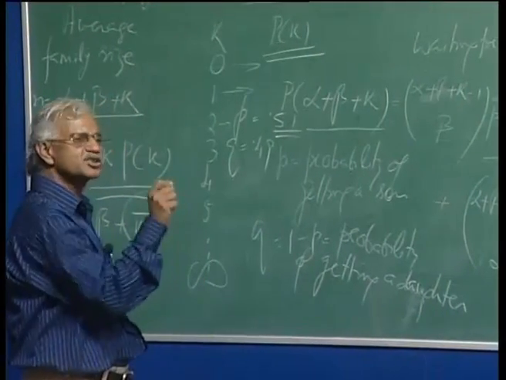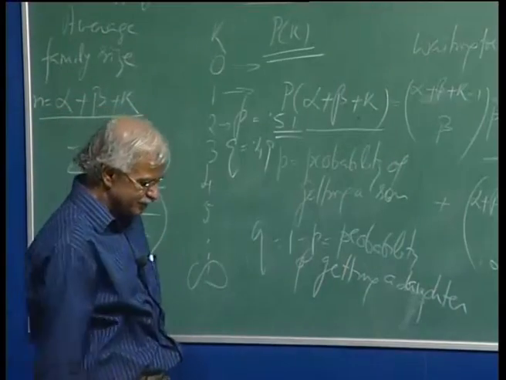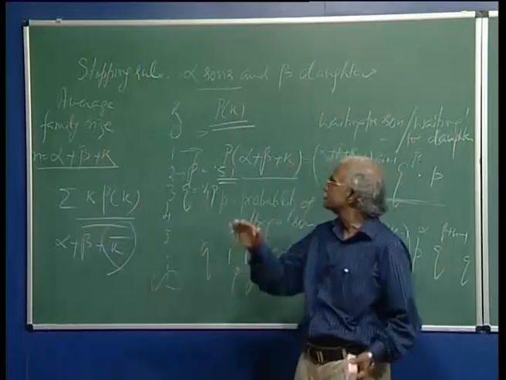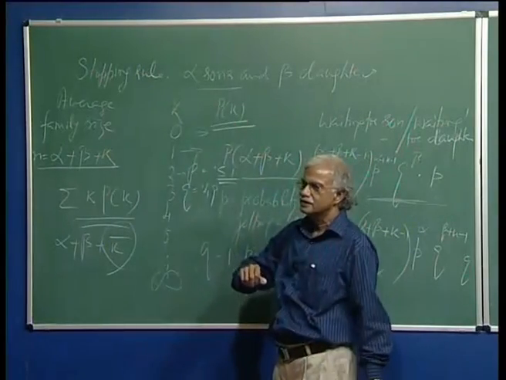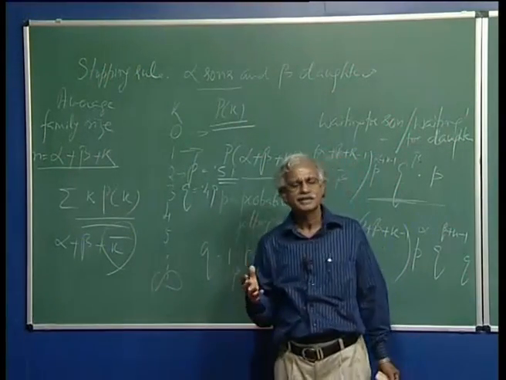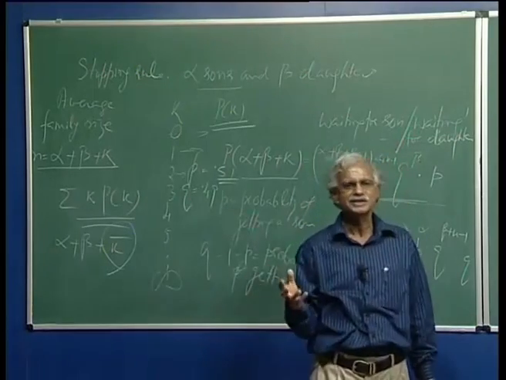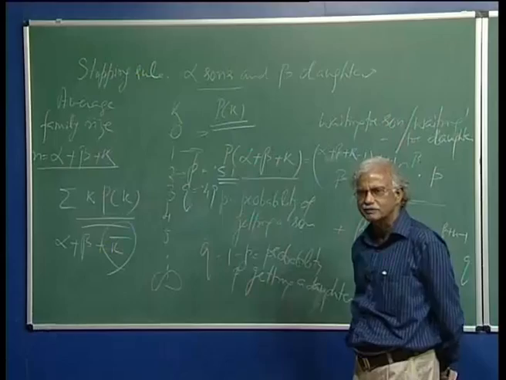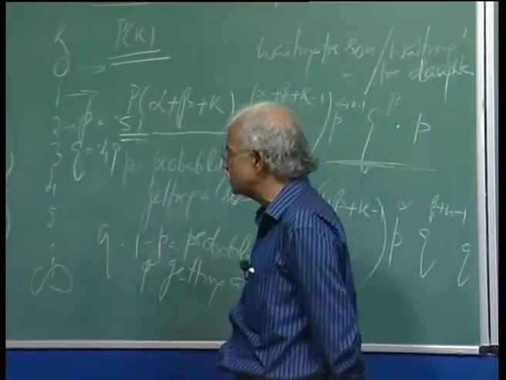For each combination, you calculate what is the sex ratio, and then you can tell that overall, if the stopping rule is this, so you can know that if everybody wants a son, meaning the stopping rule is alpha equal to 1, everybody wants one son, but no daughter, beta equal to 0.